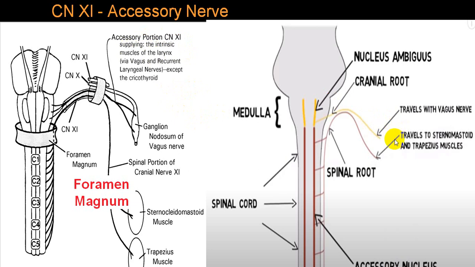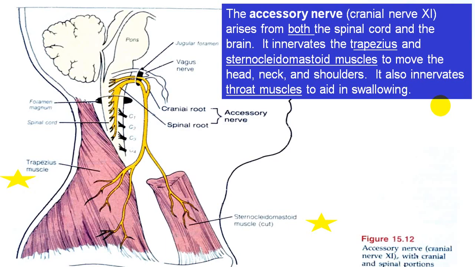So it will travel out and will supply sternocleidomastoid, and this will travel with the cranial root portion, will combine along with vagus, and then it will supply muscles of pharynx and larynx. So it innervates trapezius and sternocleidomastoid, and that will take part in movement of neck, head and shoulder. We'll be discussing that particular part.